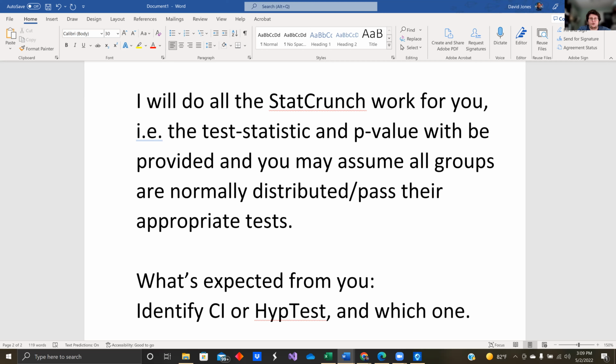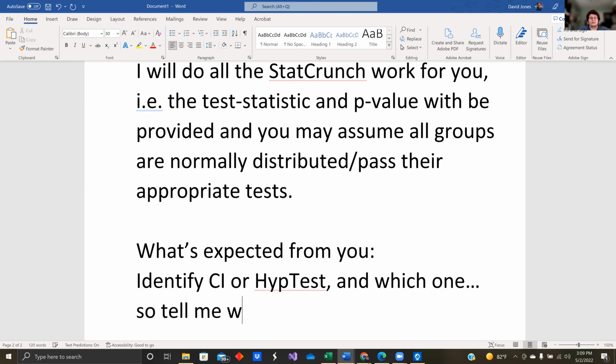Like if it's the two means paired test, tell me which test it is. Not which test it is, but which test was used, because I did the test for you.